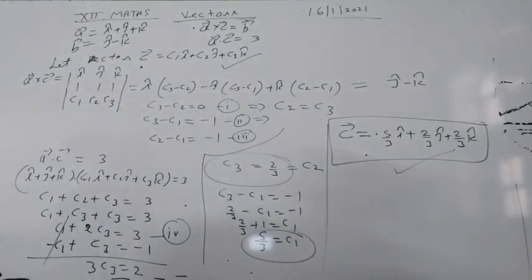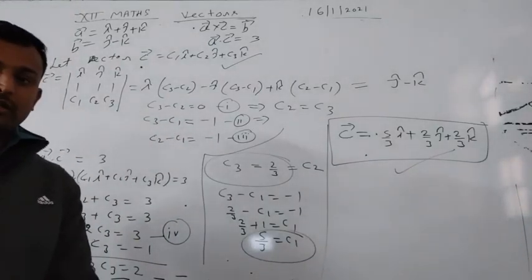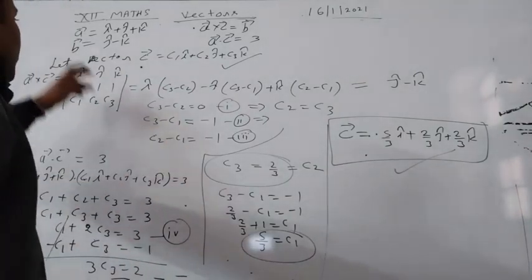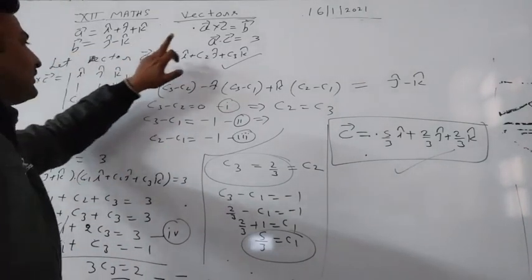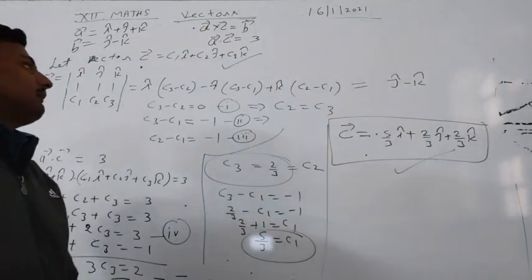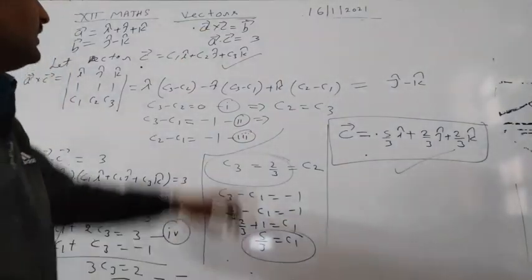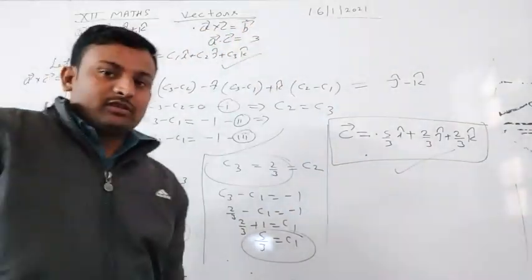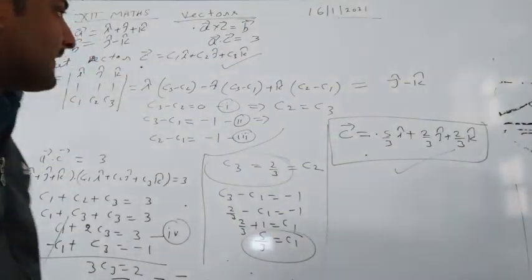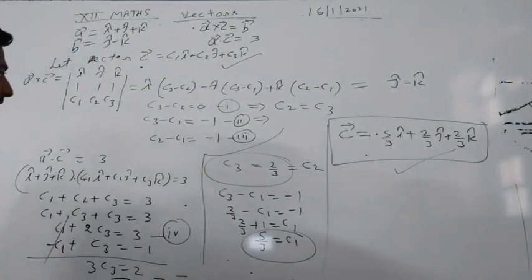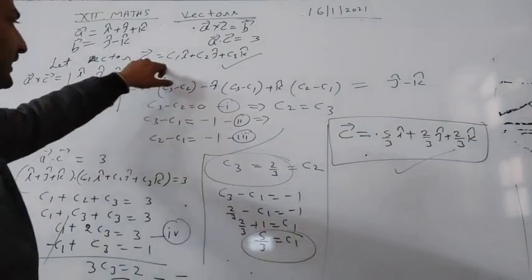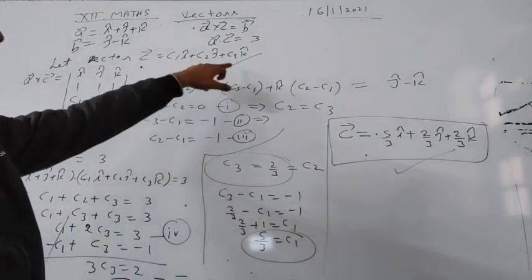Okay, I hope you understand, students. Let's see once again. Our vector A and B is this, and the condition is that find the vector C such that A cross C is B and A dot C is 3. Okay, student. Now, we have supposed that our vector C is C1I plus C2J plus C3K.